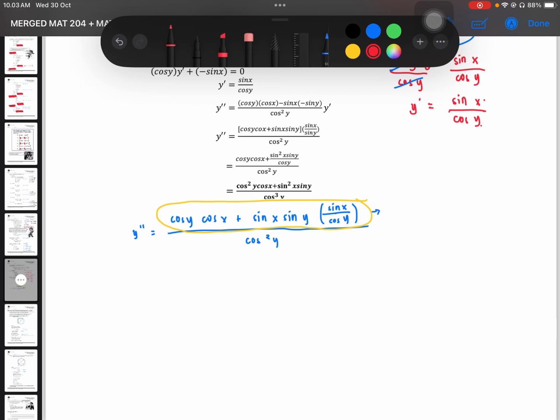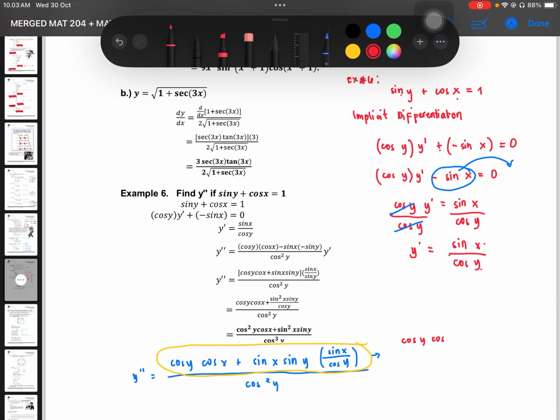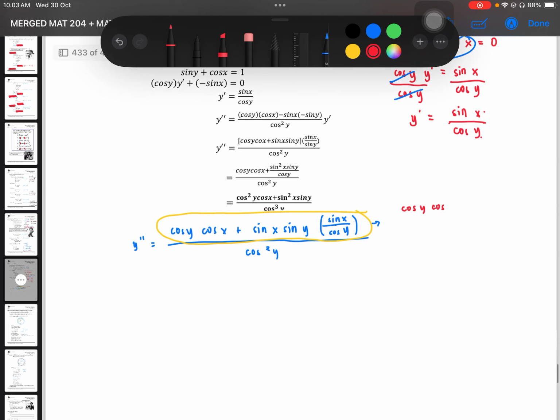So, in here, di ba, mangyayari dyan is that cosine y, cosine x, plus sin x times sin x is sin squared x. Then multiplied by sin y all over cosine y.